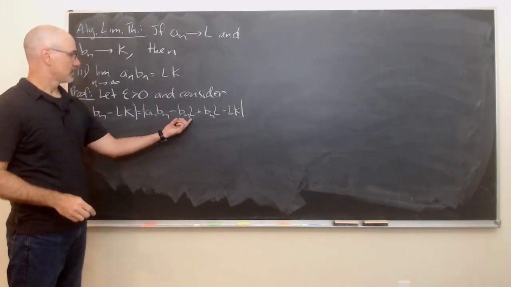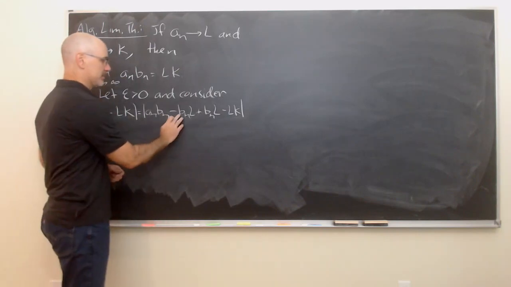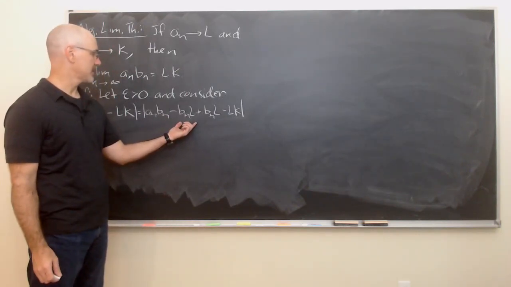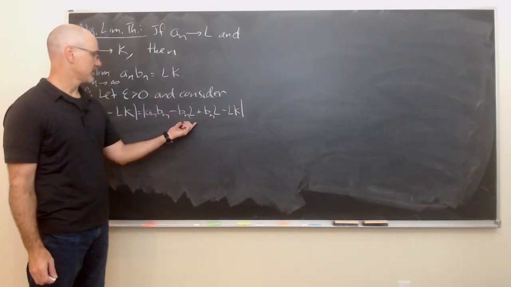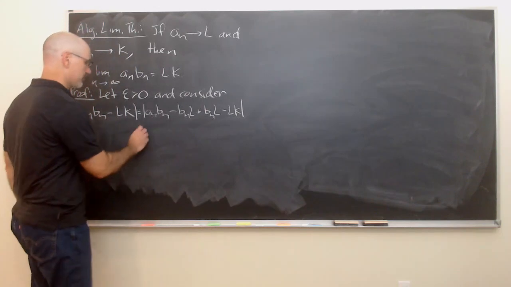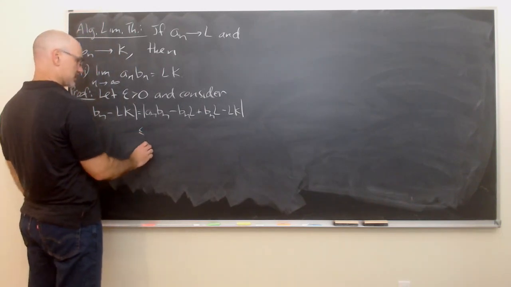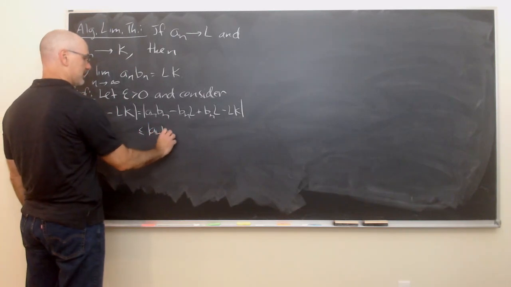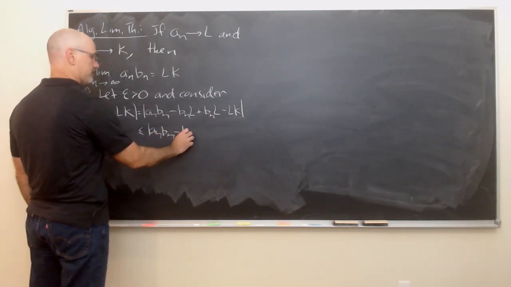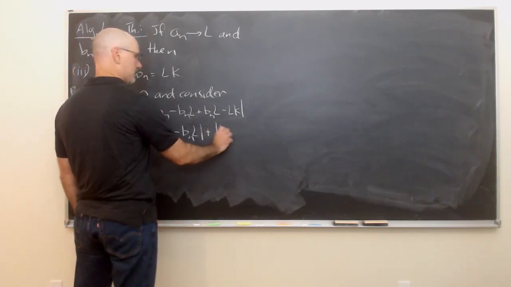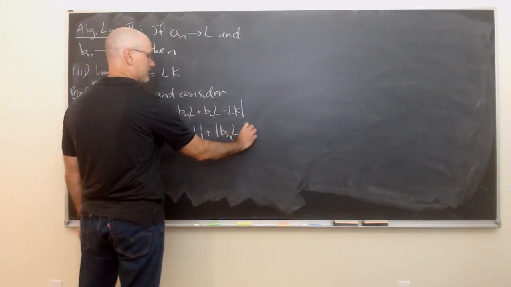Now, it's not maybe immediately apparent why we would do that, but if we take this out a couple of steps, the first thing we're going to do is split this up into two pieces with the triangle inequality, which is something we've done before. So this is going to look like |An Bn minus Bn L| plus |Bn L minus Lk|.